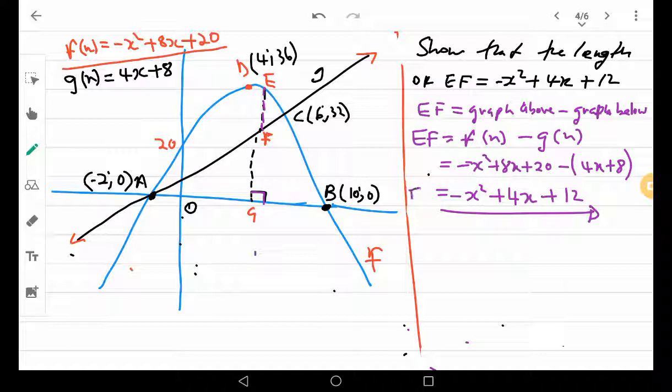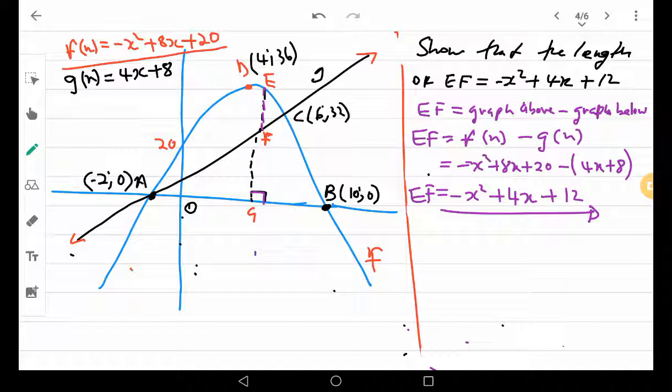So this is the expression for EF. Every time you calculate the length, you take the graph that is above minus the graph that is below. Sometimes if I have the x value, you substitute the x value, then you get the length. Whatever the maximum value is, it is basically the y coordinate of the turning point of the graph.